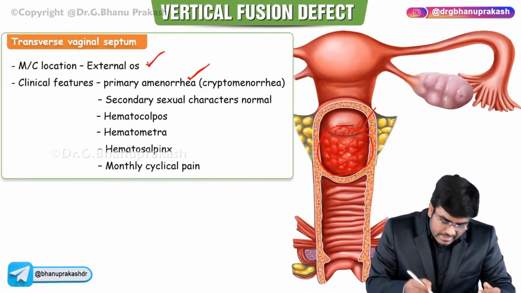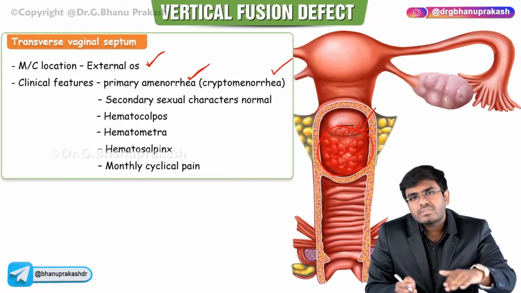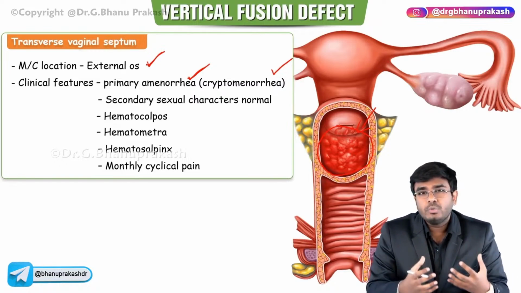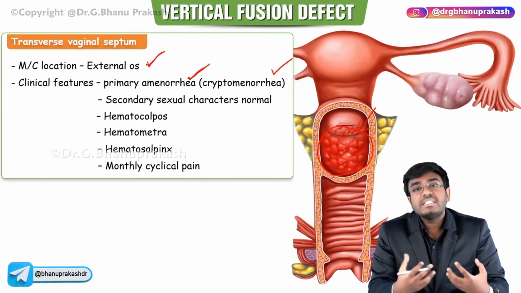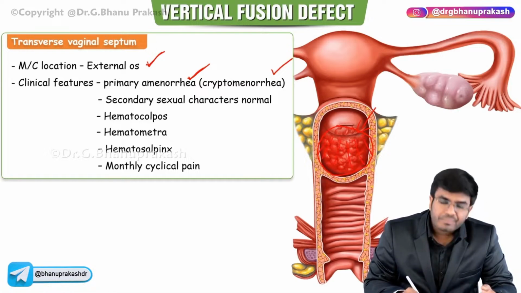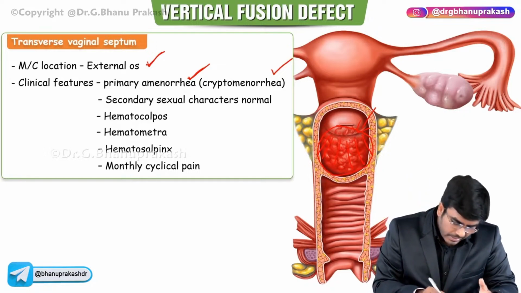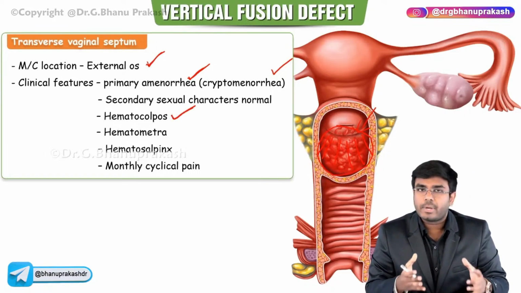So, can I call it cryptomenorrhea? Yes, absolutely. So, presence of this transverse vaginal septum is going to be a cause for the cryptomenorrhea, the menses which is hidden. Whenever the blood is unable to come out, all this blood is going to accumulate here in the vagina. So, there will be hematocolpos. Hematocolpos means blood in the vagina.